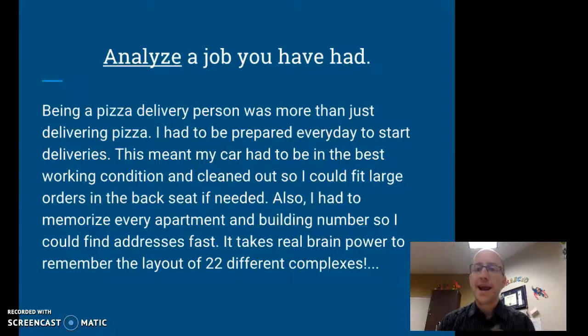I had to be prepared every day to start deliveries. This meant my car had to be in the best working condition and cleaned out so I could fit large orders of pizza in the back seat if needed. Also, I had to memorize every apartment and building number so I could find addresses fast. It takes real brain power to remember the layout of 22 different complexes.